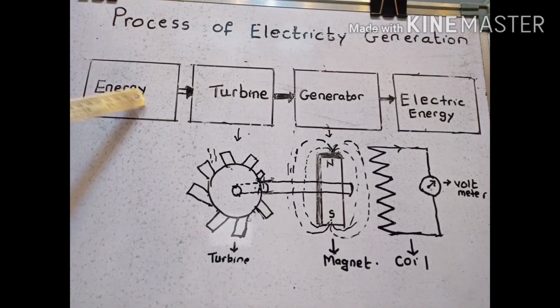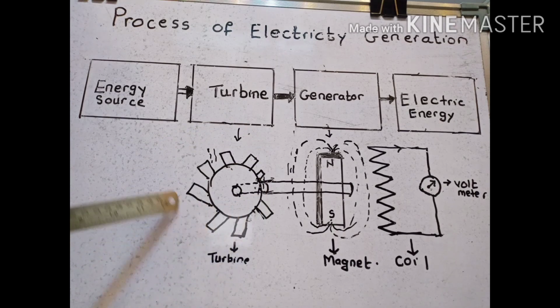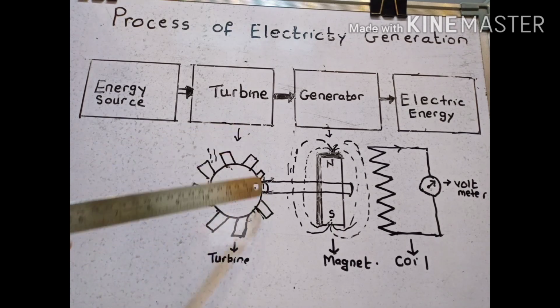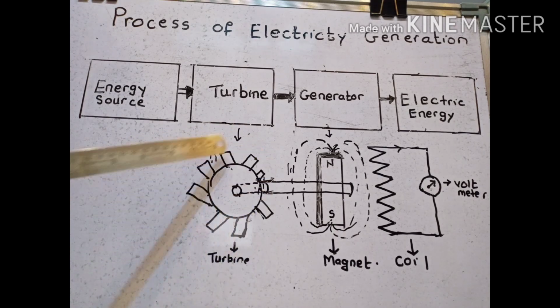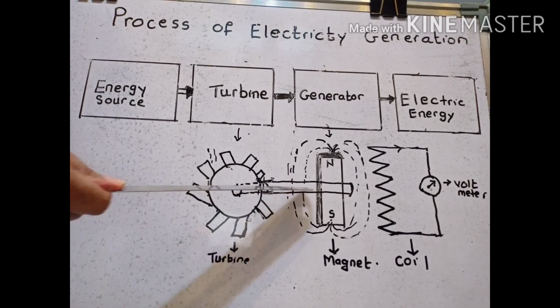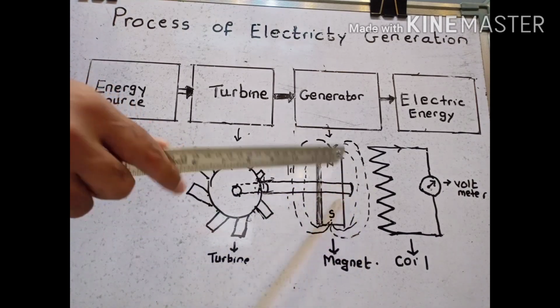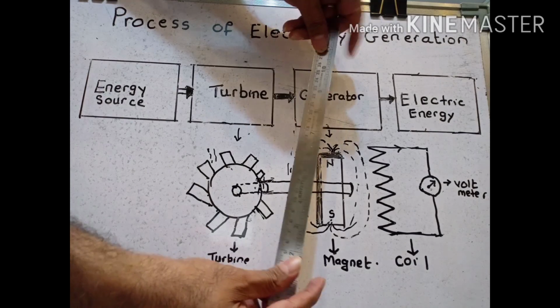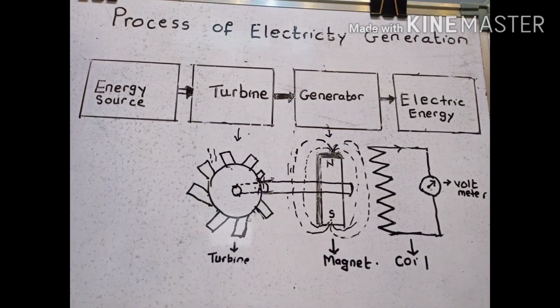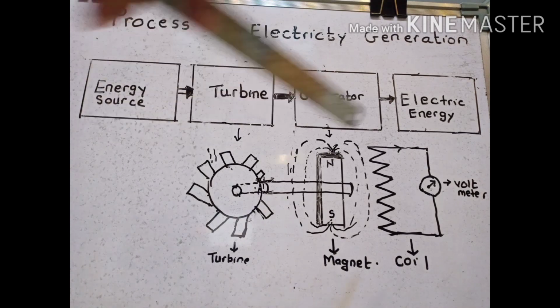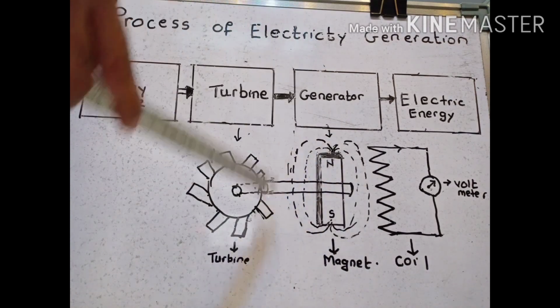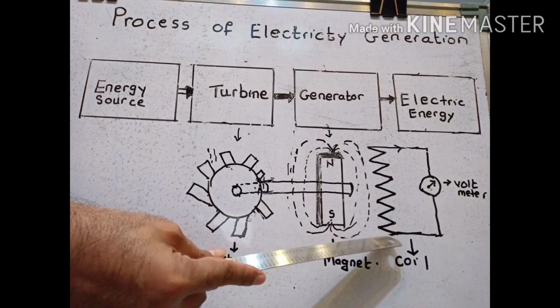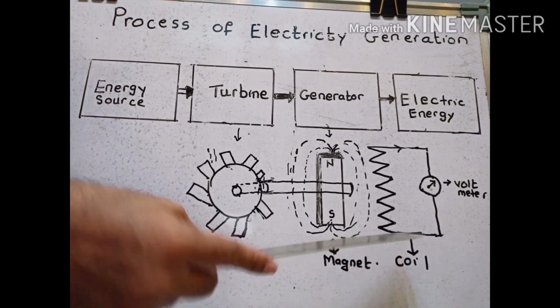So when an energy source rotates the turbine, once the turbine rotates, the shaft also rotates, thereby it will start rotating the magnet. When the magnet rotates, its magnetic lines of force and magnetic field keep on changing in the region near the coil.